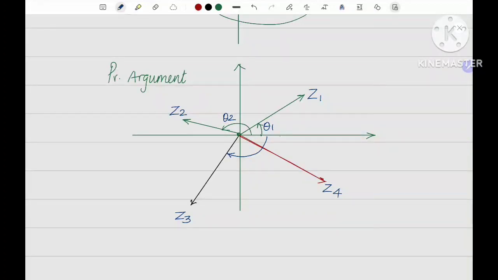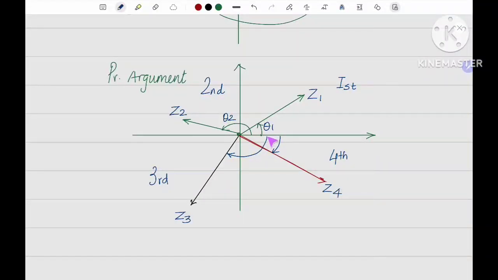Similarly for Z4, I will measure this way. So all the complex numbers lying in the first and second quadrant will have argument from 0 to 180 degree, right? 0 to pi radian, and all the complex numbers lying in the third and fourth quadrant will have their argument represented in a negative way.